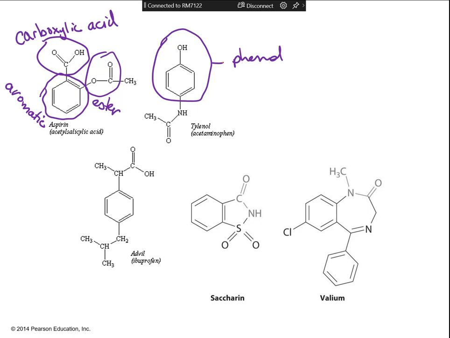Now go down. What do you see that's different in that bottom group? There's a nitrogen. So you know it's one of these. It's an amine or an amide. So do you see the nitrogen? So when you find a nitrogen, look at the carbons it's connected to and look to see, does any of the carbons it's connected to have a double bond oxygen? Then it's an amide.